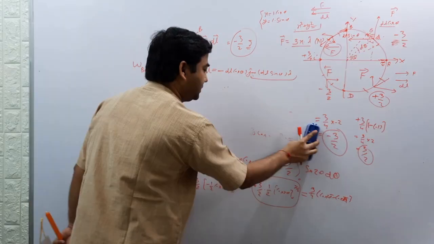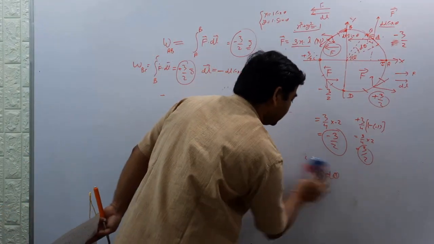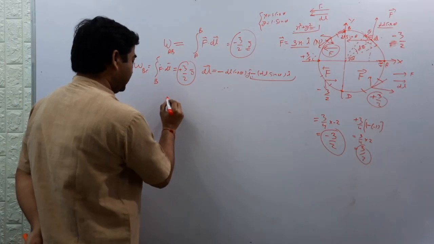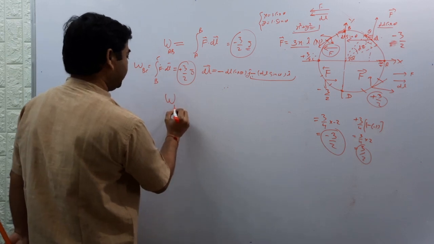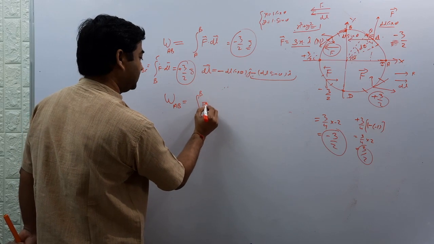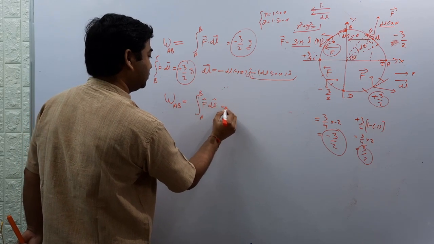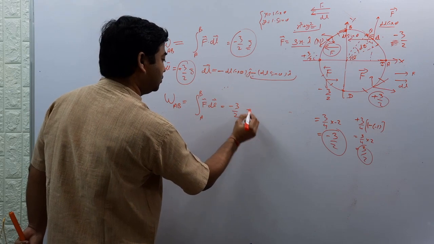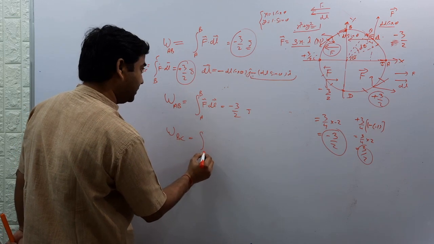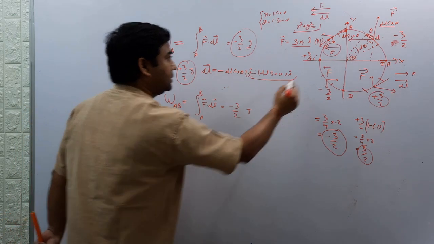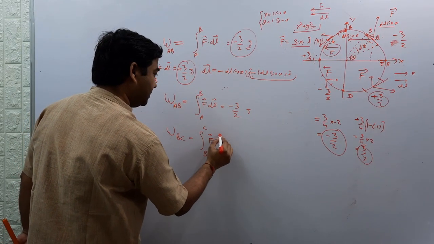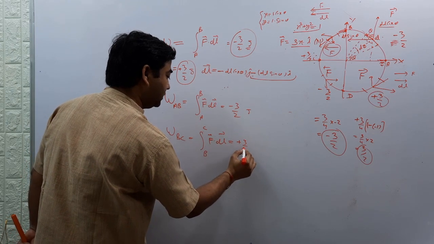So I have just shown you how the sign of the line integration changes. In short we can write W_AB is equal to the line integral from A to B of F dot dl, which is equal to minus 3/2 joule. W_BC is equal to the line integral from B to C of F dot dl, which is equal to plus 3/2 joule.